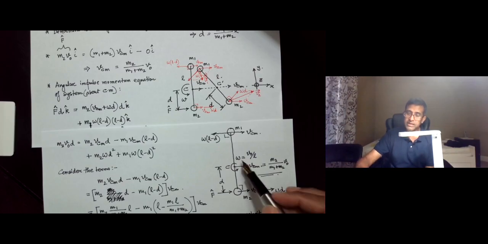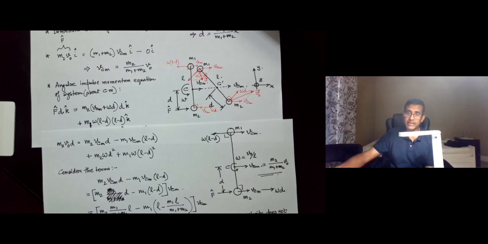In fact, you can see that the angular velocity expression that we have also is a constant, because v naught comes from the magnitude of the impulse and L is the length of the inextensible string. So the angular velocity is also a constant.